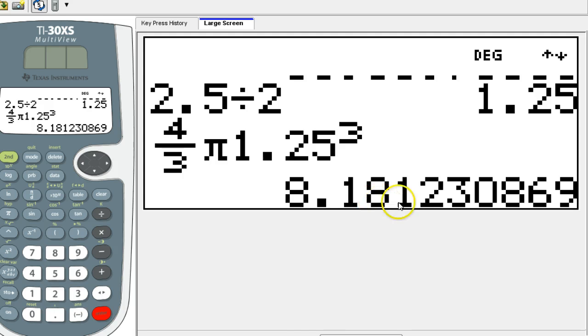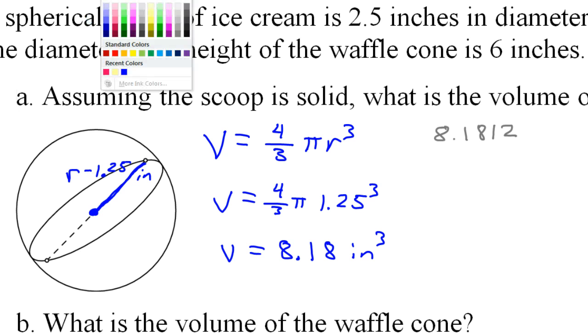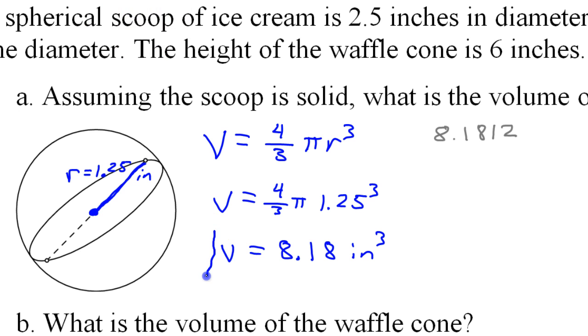So it was 1812, which I probably won't need, but you never know. Anyway, that's what we were supposed to find for part A, just the volume of the ice cream scoop.